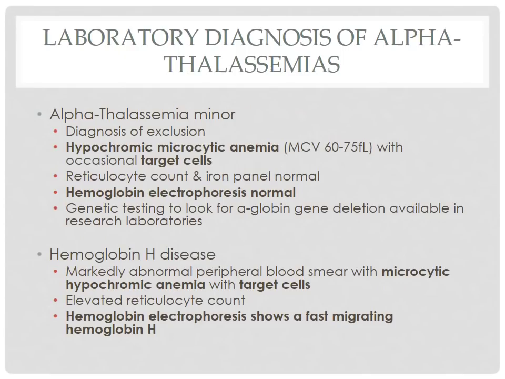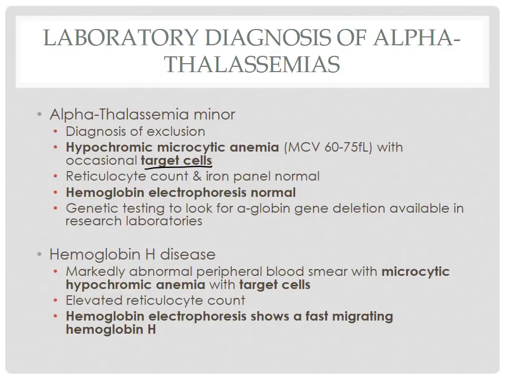To make the diagnosis of alpha thalassemias, if the patient has alpha thalassemia minor, this is a diagnosis of exclusion. So you have to exclude all other thalassemias and all other causes to come to this diagnosis. Again, the laboratory data, hypochromic microcytic anemia, and you also will see on occasion on the peripheral smear those target cells.